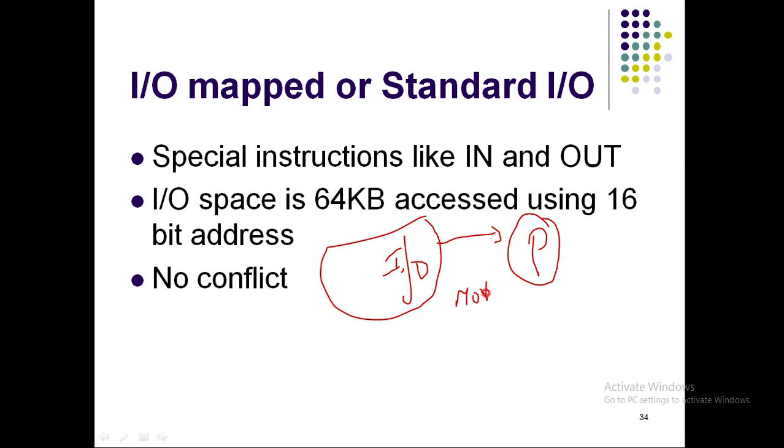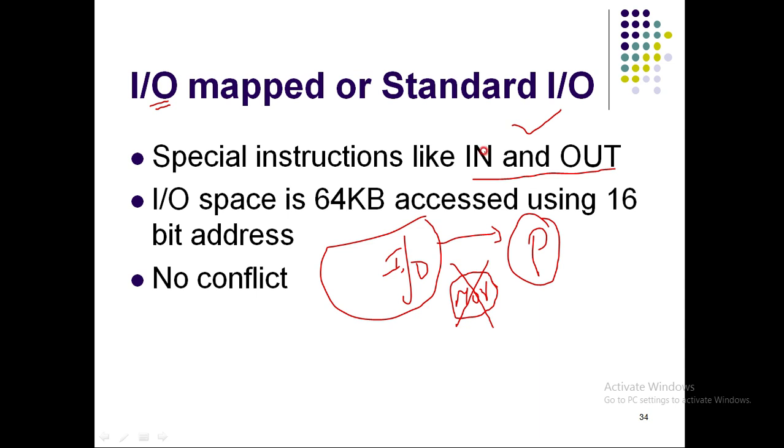So I cannot use my normal instruction, which is move. In this case, we need to use special instructions called the in and out instructions. Okay friends, this is the major thing when you consider IO devices as separate entities: you cannot use move instructions, you have to use in and out instructions.